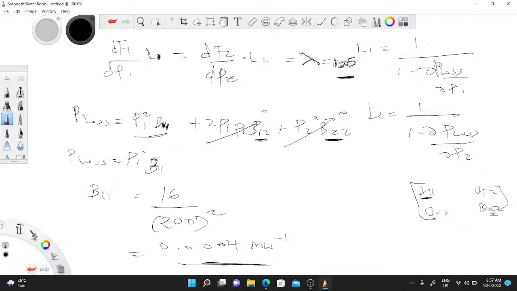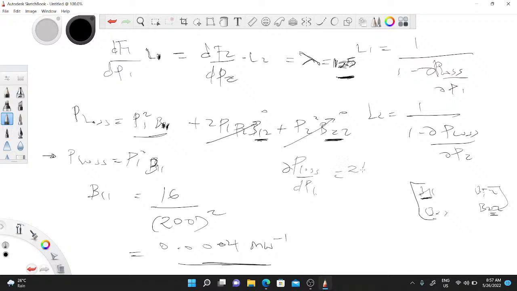Now, why are we finding this? Don't forget that in all we are trying to find is 1 over 1 minus dP loss over dP1, right? So if I know this to be my P loss, let me find dP loss over dP1.